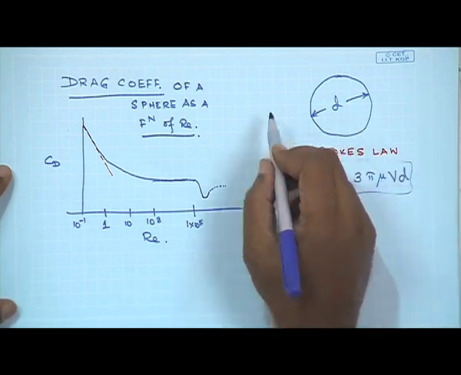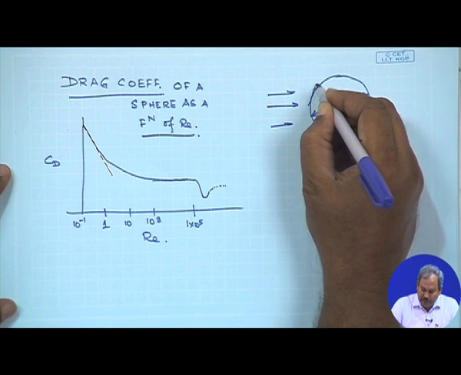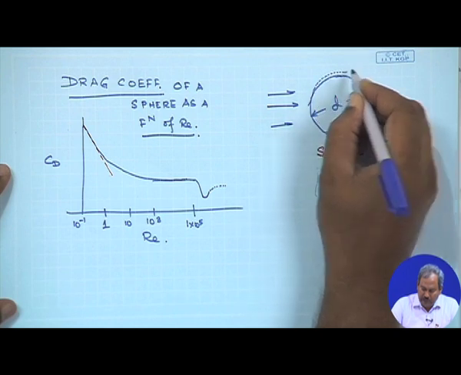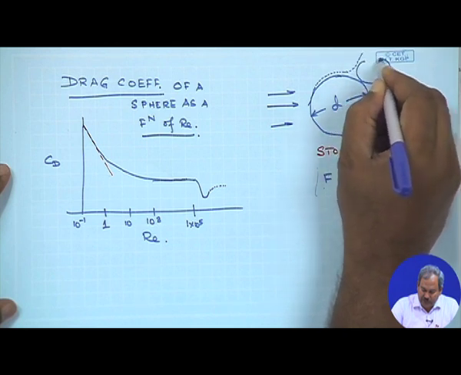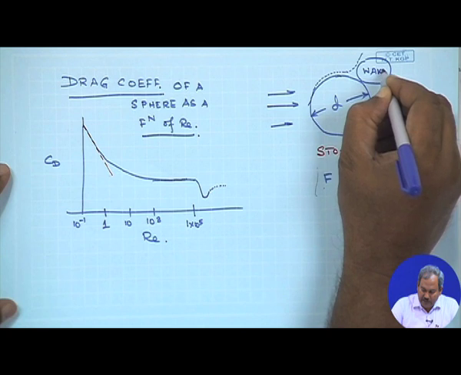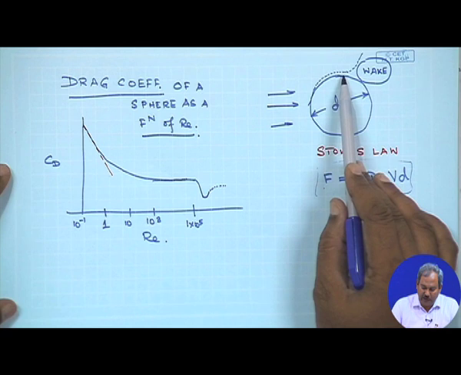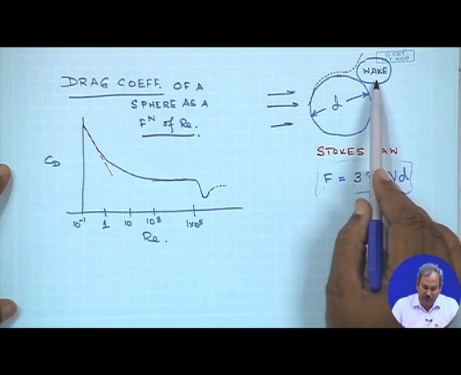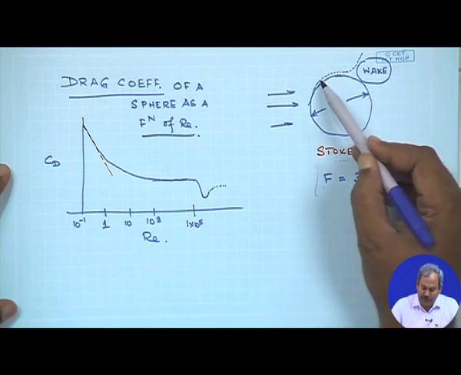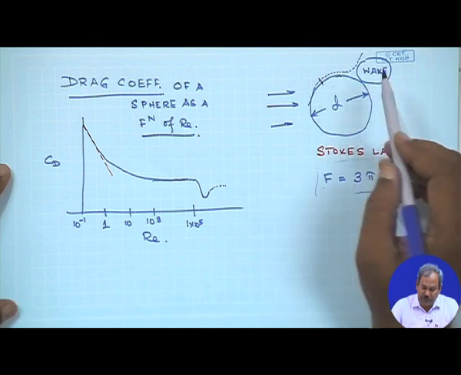A turbulent wake, whenever you have flow like this and you have the formation of a boundary layer, and at some point the boundary layer starts to separate and you have the formation of wake in here. A turbulent wake is developed when you have such a flow, and it grows at the rear of the sphere as the separation point moves from the rear to the front.